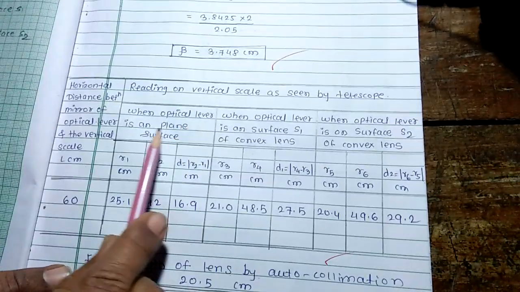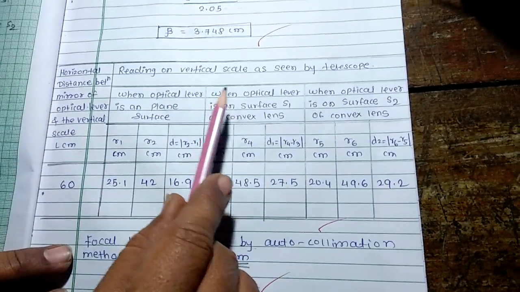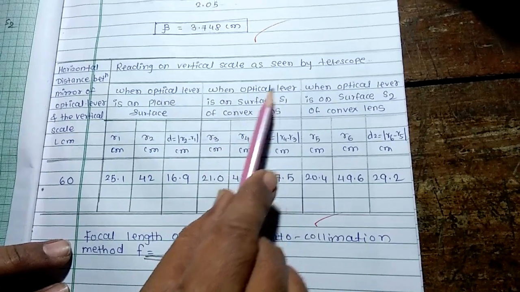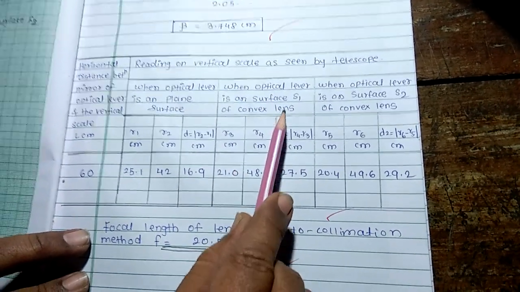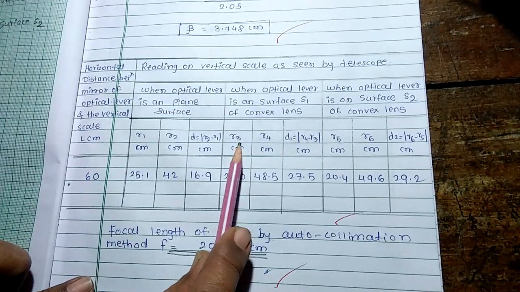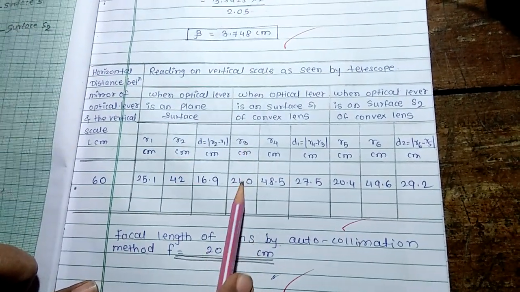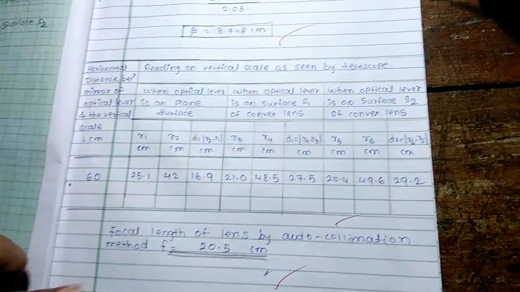First you have to take the reading for the lens when the optical lever is on surface S1 of the convex lens. While resting on front leg, you have to take the reading, say R3, from the scale. Here, the spot on the scale we are observing, and record the reading.